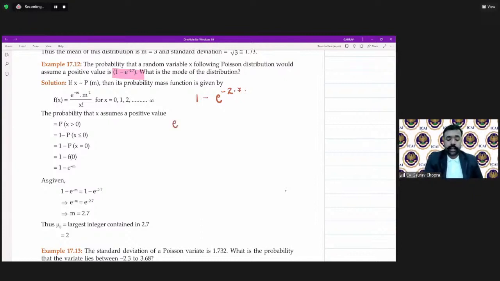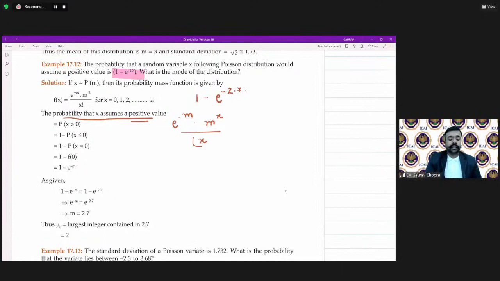The formula says e to the power of minus m, m to the power of x, divided by factorial x. So simply what we have to do here is compare the two things. For comparison, we are assuming x is any positive value.